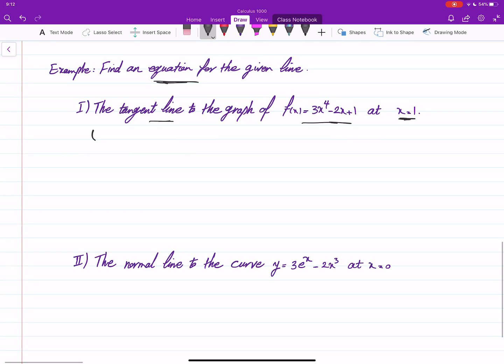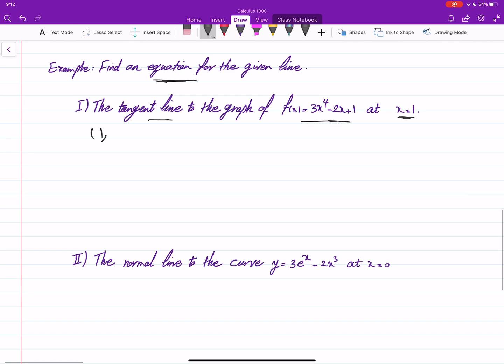Since x is given, the second component will be the point through which the line will pass, and this is basically 1. Let me just write 3 times 1 to the power 5, 4, 2 times 1 plus 1, and that is (1, 2). That's just the point through which the line passes.